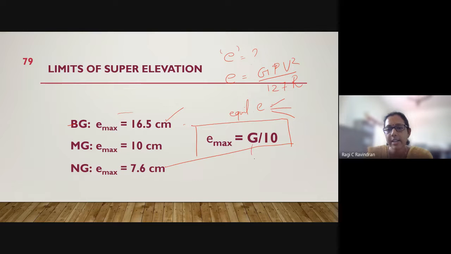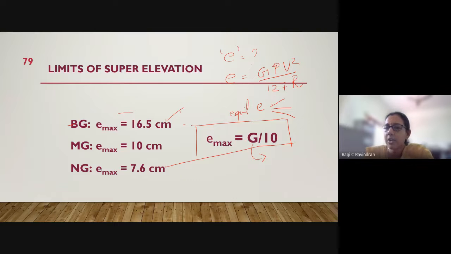Again, here the gauge width is written in centimeters itself. So this is the general equation. If you are writing it in meters, no problem, you will get a value corresponding to that unit only.